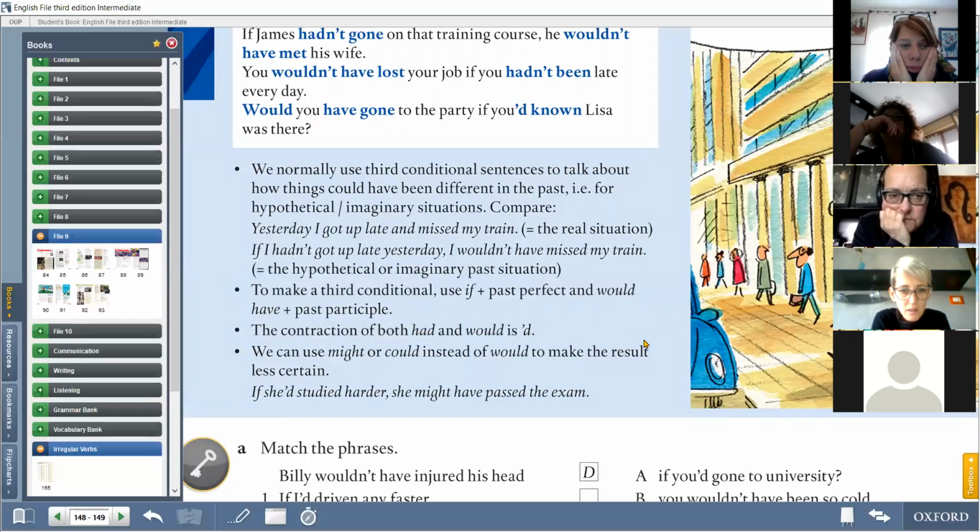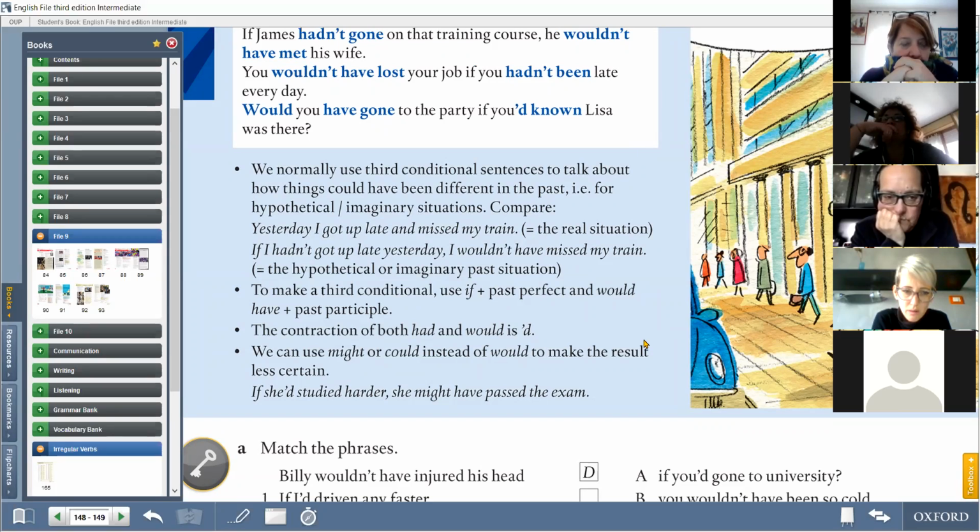The real situation. If I hadn't got up late yesterday, I wouldn't have missed my train. The hypothetical or imaginary past situation. Okay. To make a third conditional, use if plus past perfect and would have plus past participle.